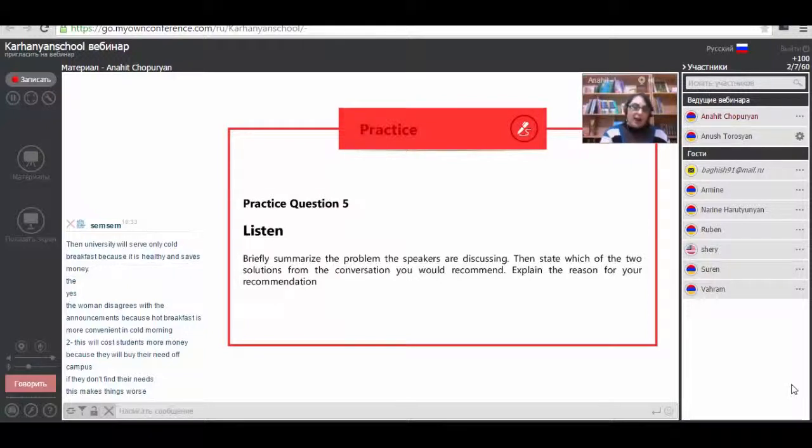For example, I think that here the best solution will be the second because it is easier to explain. Why the second one? If I were the woman, I would choose the second solution because I will manage to do everything very fast, and I can both help the other professor and go to the trip.